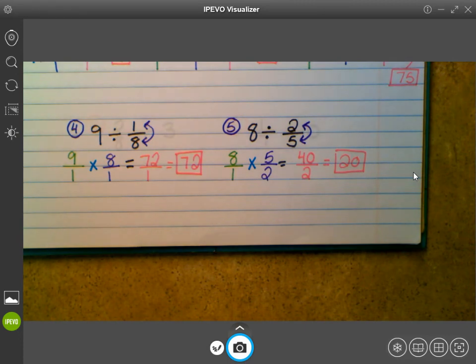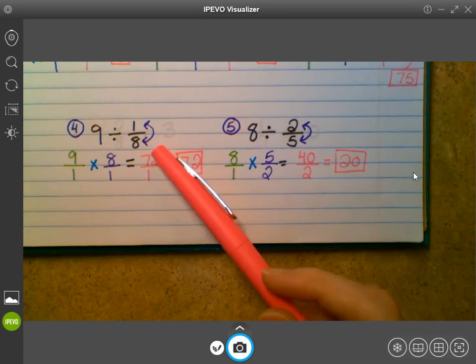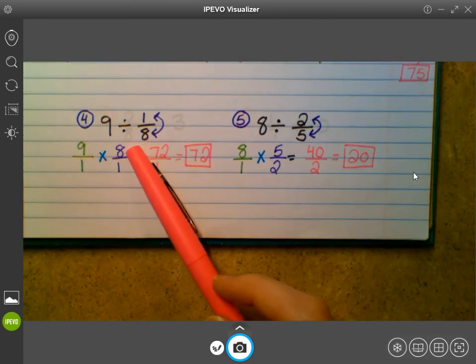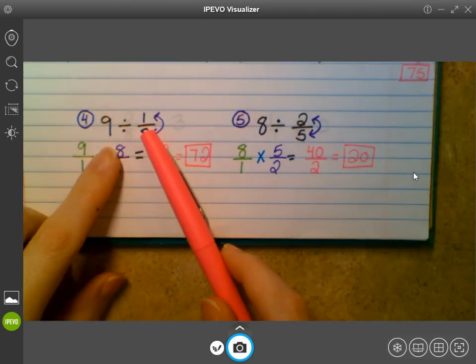Nice. Will, I know this isn't for reason, but like 9 divided by 1/8, you could just see how many times 1/8 goes into 1, and then you can just times it by 9. That's exactly why the reciprocal works. Will, I'm glad you brought that up. So if you're wondering why this method works, if we use number 4 as an example like Will did, we're taking 1/8.